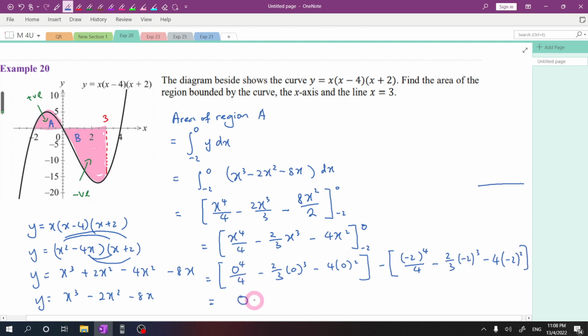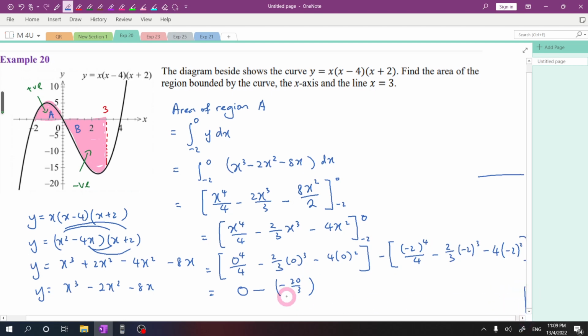Remember to copy the negative first, then press your calculator for this part. Here you will get negative 20 over 3. Negative, eventually you will get a positive value. So as we expected, here will give us a positive value.